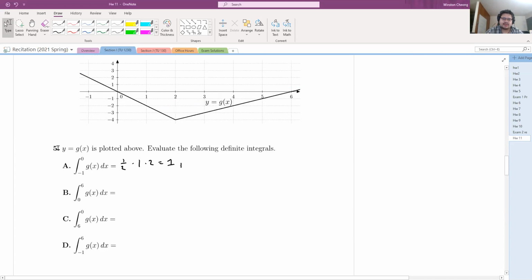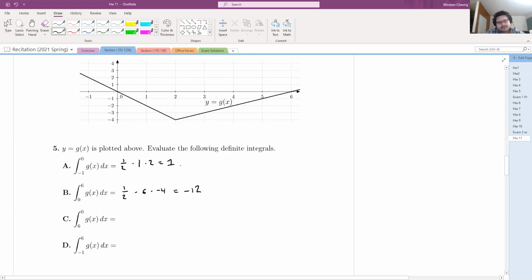So the integral measures the signed area. So for this, this is a triangle with a base of 6 and a height of -4. And so I get a -12 for part B.